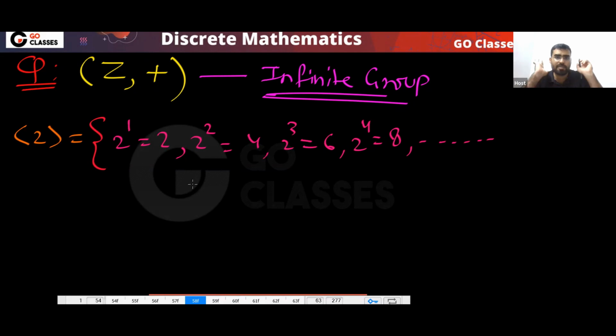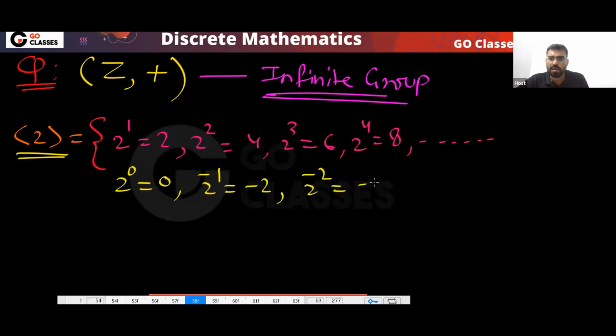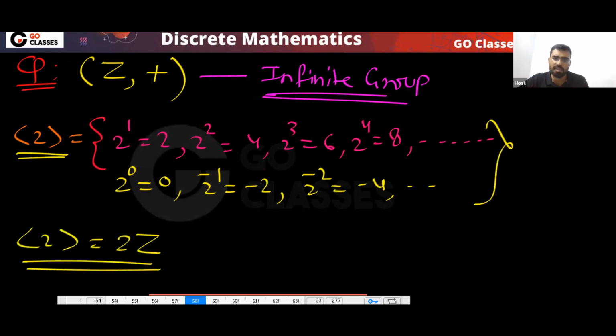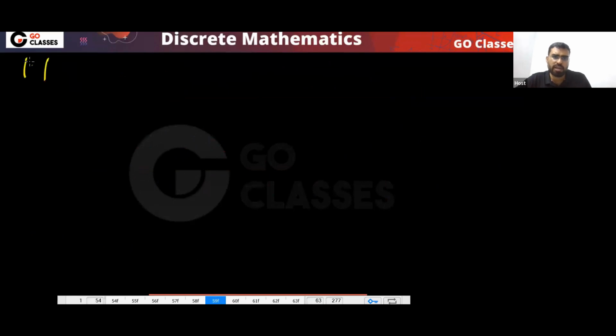But if you don't get the identity element, then just apply the definition. So 2 power 0 is the identity element. 2 power minus 1 is minus 2, 2 power minus 2 is minus 4, and so on. That will be your 2Z. Yes or no? This note you can take.